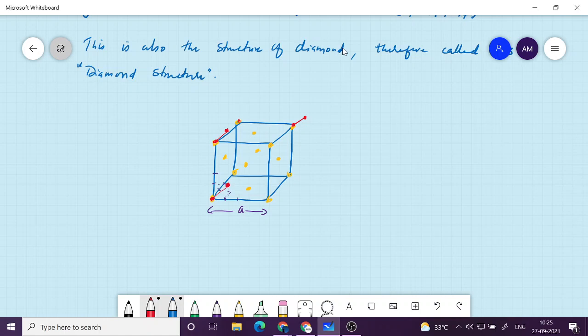These are the silicon atoms. The yellow or orange shows the lattice points. As I told you, the visualization is a little difficult, but let us attempt it.